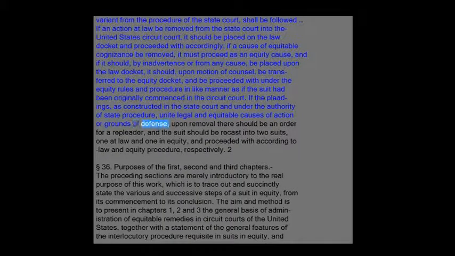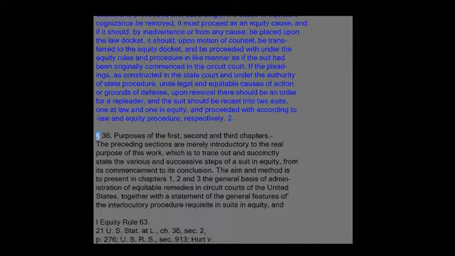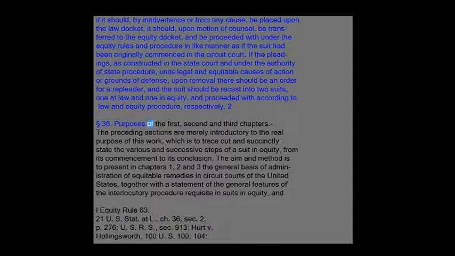If the pleadings, as constructed in the state court, and under the authority of state procedure, unite legal and equitable causes of action or grounds of defense, upon removal there should be an order for a repleader, and the suit should be recast into two suits, one at law and one in equity, and proceeded with according to law and equity procedure, respectively. 36. Purposes of the first, second, and third chapters.